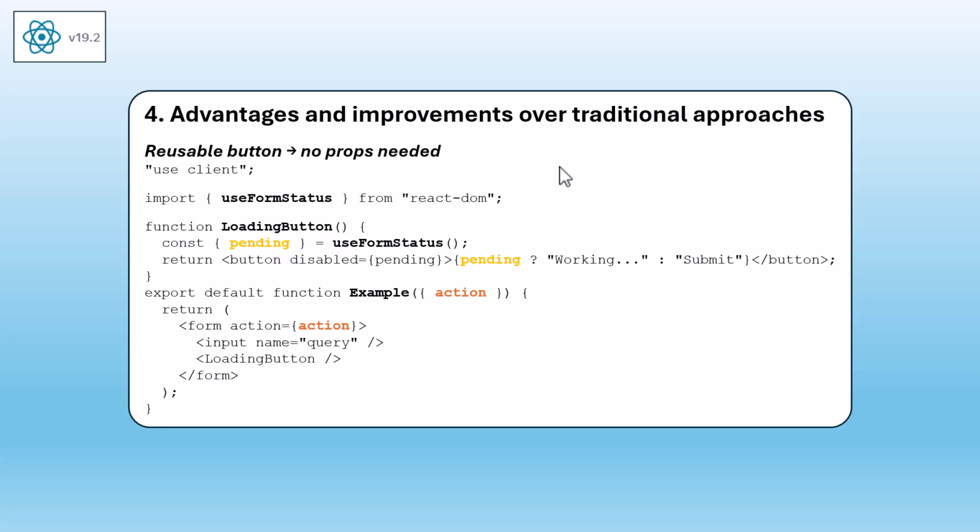It allows presentation components, buttons, loading indicators, messages, to be designed independently from the form, without passing state down as props, which is especially useful when working with reusable components or UI libraries. It improves the user experience. You can disable the submit button while the form is processing, prevent simultaneous repeated submissions, visually inform the user that the submission is in progress, or display the submitted data before completion.